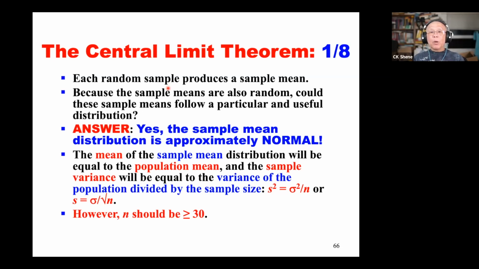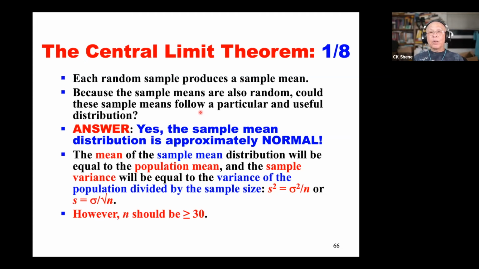Because the sample means are also random, as they are computed from random samples, could the sample mean follow a particularly useful distribution? In other words, we generate 20 samples from a standard normal distribution with mean 0, standard deviation 1, so we have 20 sample means. Do these sample means follow a particularly useful distribution?